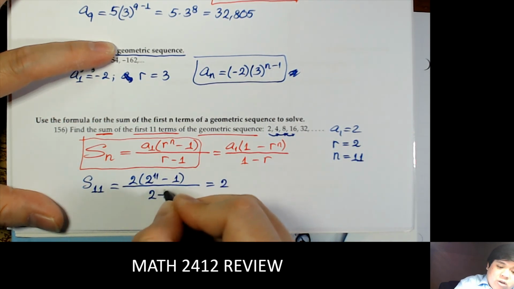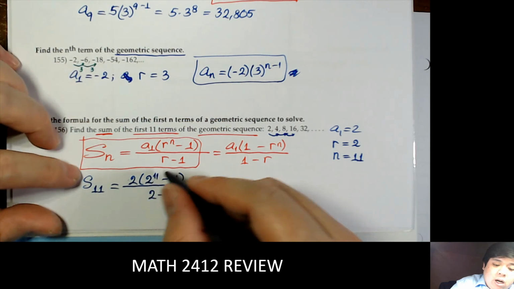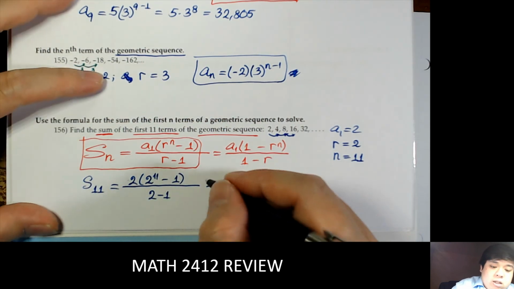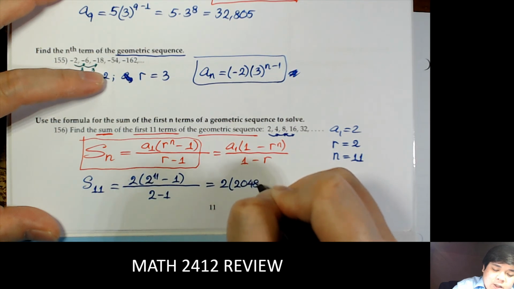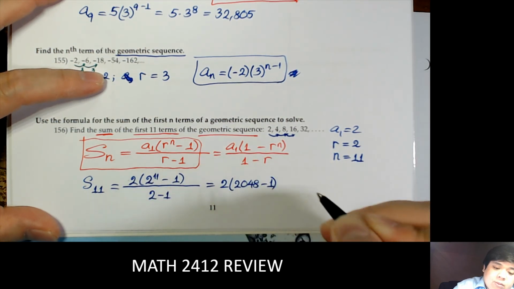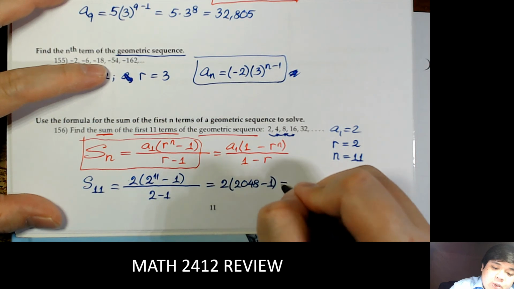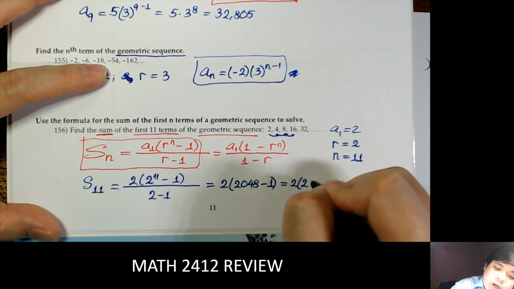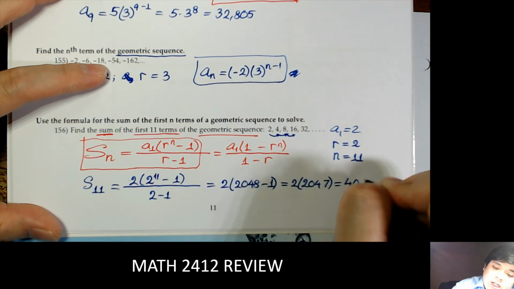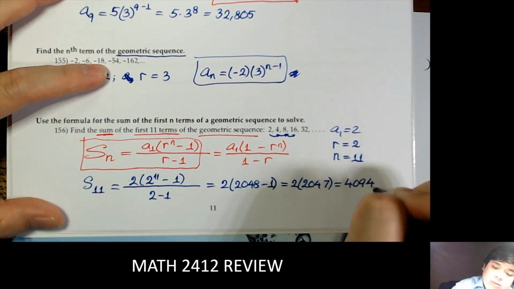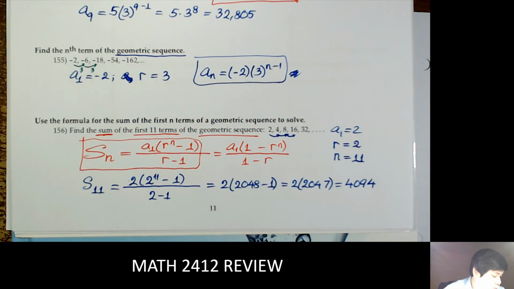So divide by 1, so we have 2 times (2 to the 11 minus 1). 2 to the 11 is 2048 minus 1. So that is 2 times 2047, which is 4094. Right. So that's what we have.